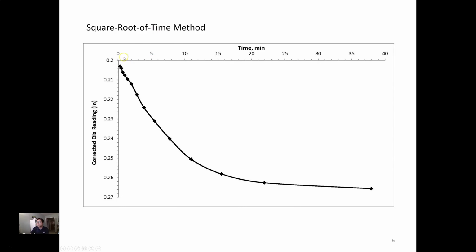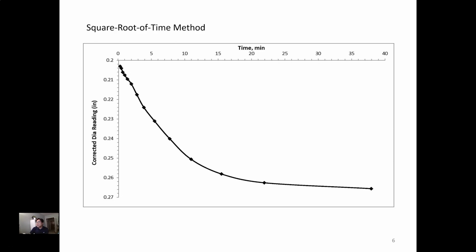That's why the curve looks very different now, but it is the same data as the previous example. Again, we square root the time, so now we have a different shape of curve, given that this is still the same data from the same stress level from the same consolidation test.